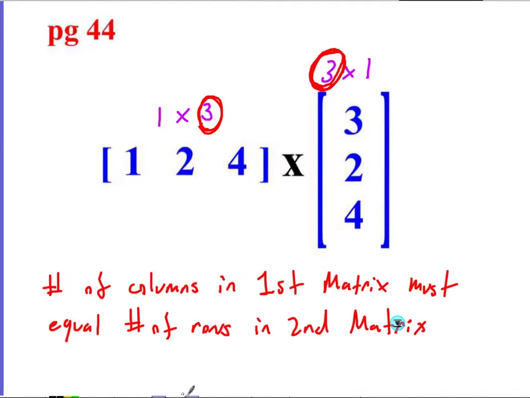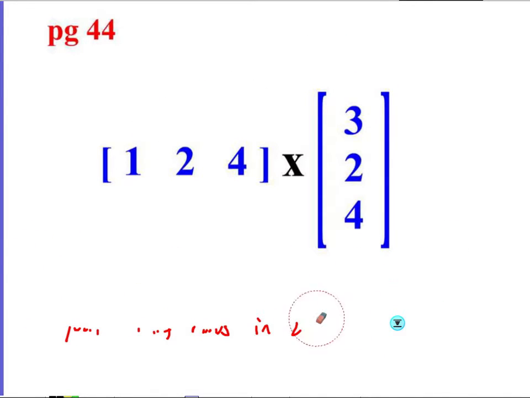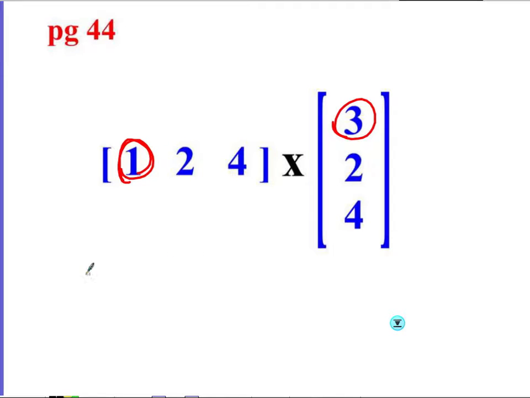But what does it look like when I'm multiplying 2 matrices? Alright, so that's what we want to do. And it's actually very simple. We're going to take the first entry of the first matrix and the first entry of the second matrix, multiply them together. So 1 times 3 is 3.